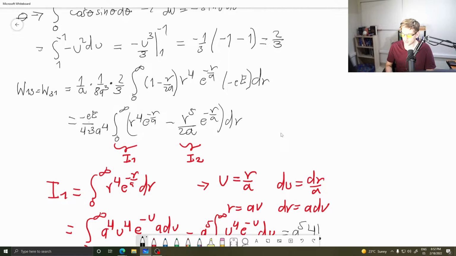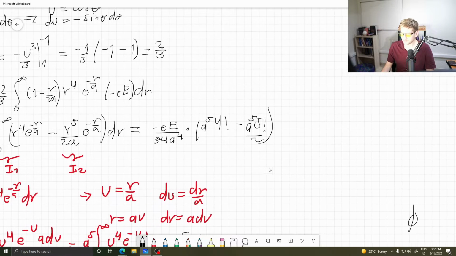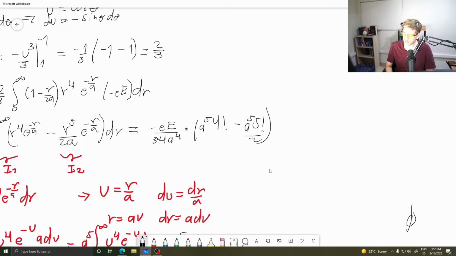So that is what we have to plug in. Now going back to this expression, we get minus e, 3 times 4 a to the fourth times our results. So we get a to the fifth times 4 factorial minus a to the fifth times 5 factorial over 2. Let's simplify this a little bit. We can factor out the a to the fifth and cancel with this. So we get minus a.